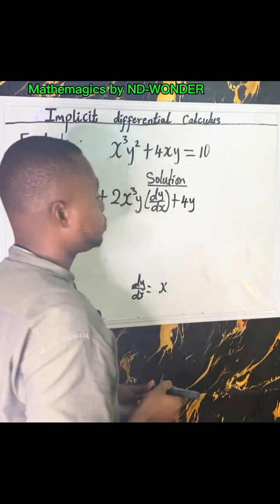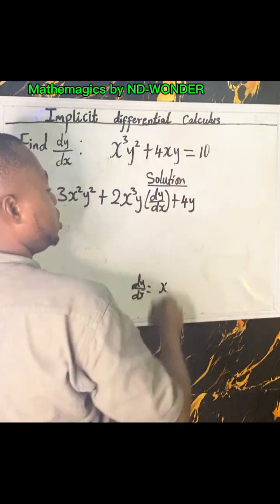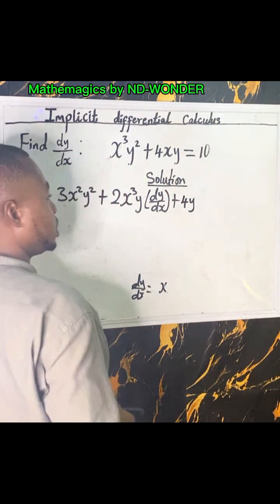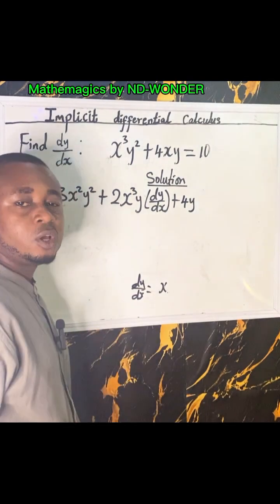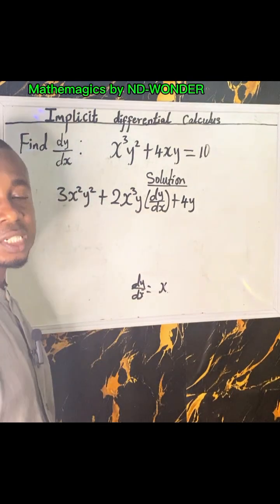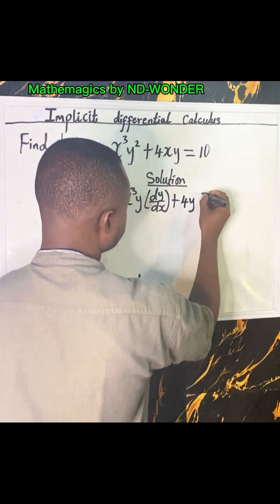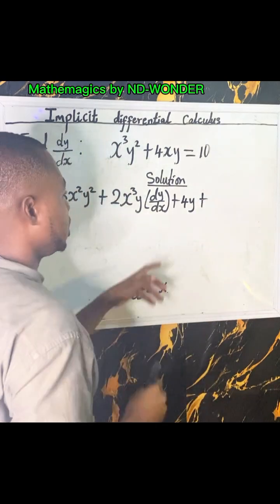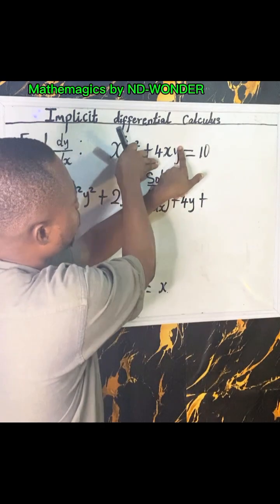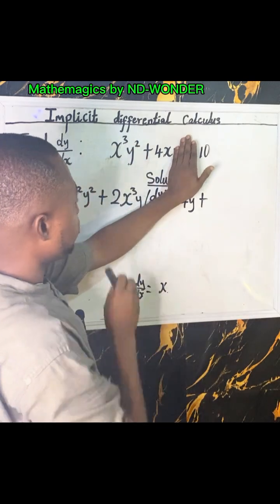Then it is time to differentiate y. If we differentiate y, what do we get? We also get 1. But at this point, we will need to attach dy dx to it. Then we have plus. Again, cover this. What do we have when y is covered? We have 4x.